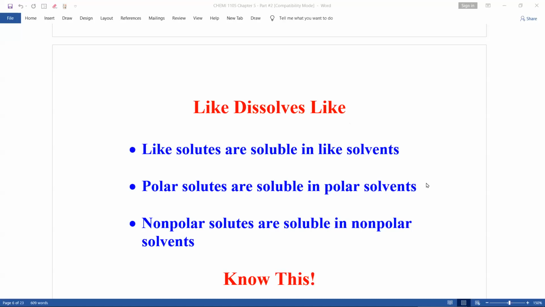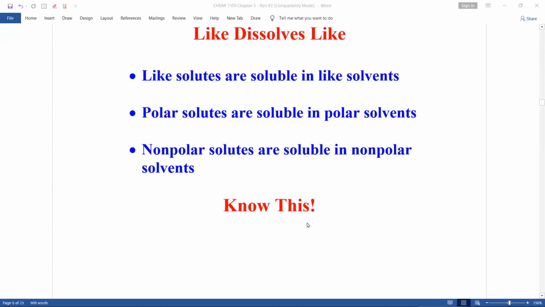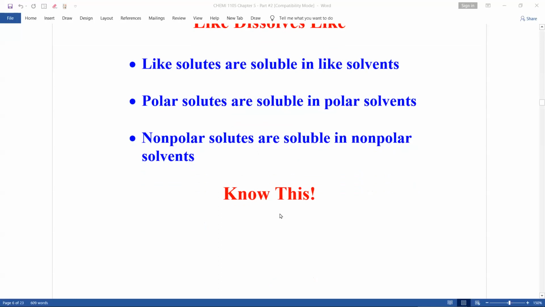Remember I taught you like dissolves like: solutes are soluble in like solvents, which means polar solutes are soluble in polar solvents, nonpolar are soluble in nonpolar. And you should know this is probably one of the most important things I'll teach you. When we get into organic chemistry at the end of the semester, we'll be using this. And I'll show you how important it is.